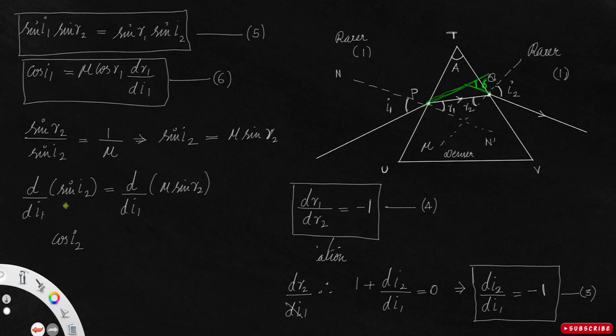Here the variable is different, it is I2. We are differentiating I2 with I1. So I have to write di2 by di1 is equal to, here mu will come out. Derivative of sin is cos R2. Again the variable is different, so dr2 by di1. Clear? Let's consider this as equation number 7.